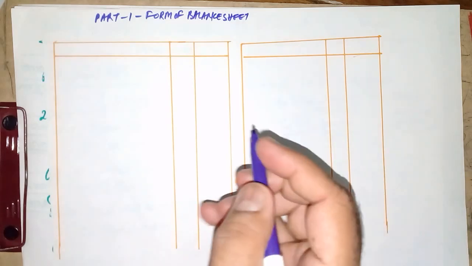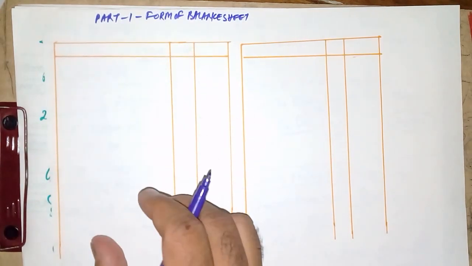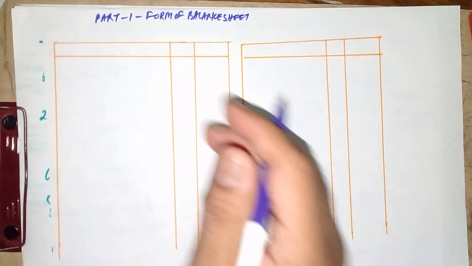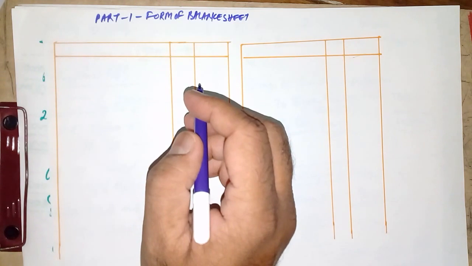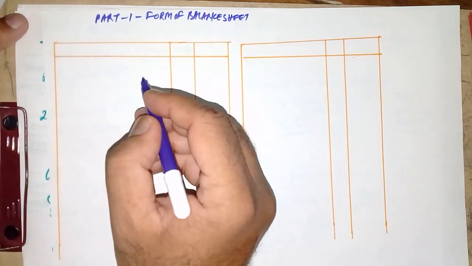So first we will draw the balance sheet format, then we will prepare the income statement, right? So balance sheet first.